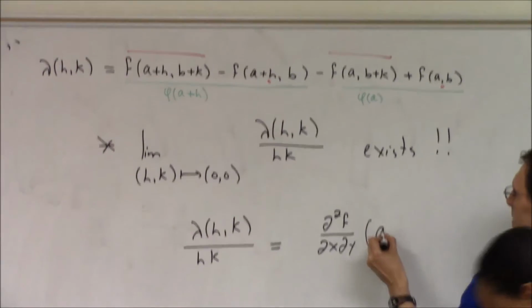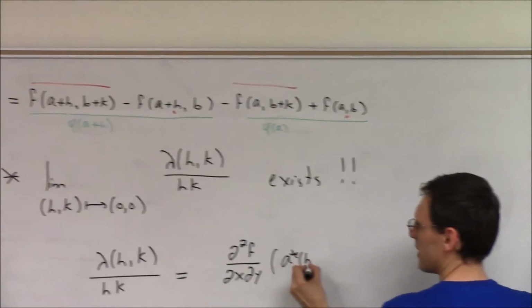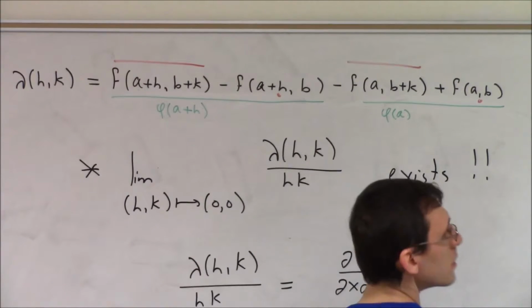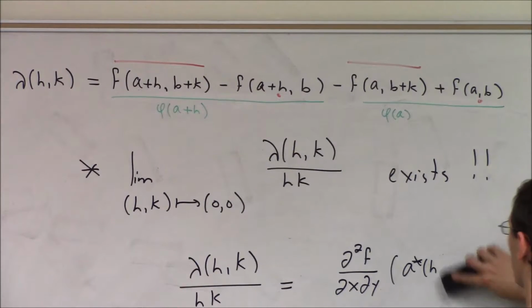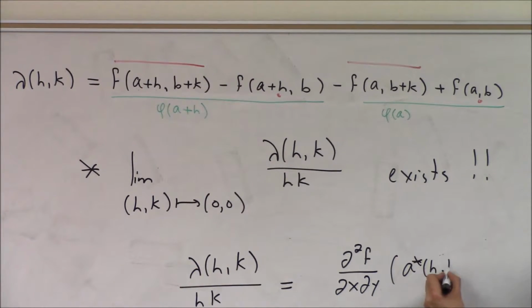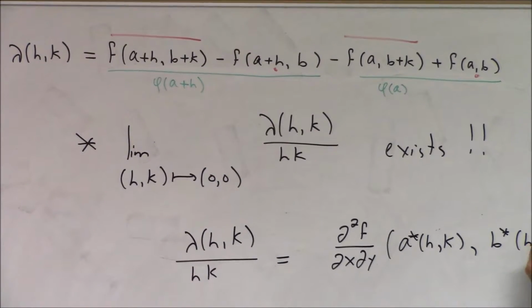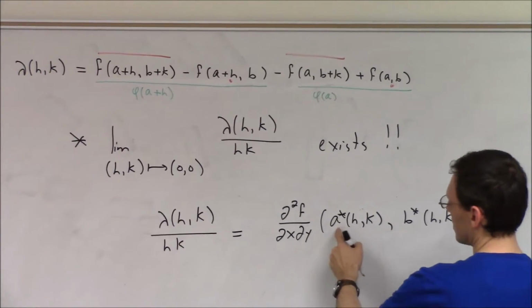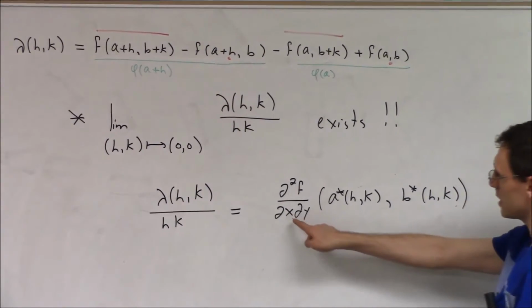At a star of, it's a function of h and k. A star is a function of h and k, and b star is a function of h and k. But the partial derivative, it's a continuous function, but this partial derivative is continuous, right?